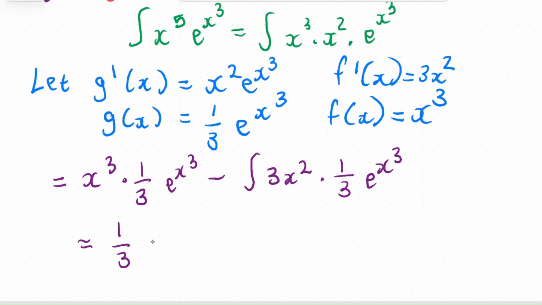It's going to give us 1 over 3 x cubed e to the power of x cubed. Now we notice something here. What does this have in common? Well, we see 3s. These are going to cancel each other out. And so what's going to be remaining is x squared times e to the power of x cubed.